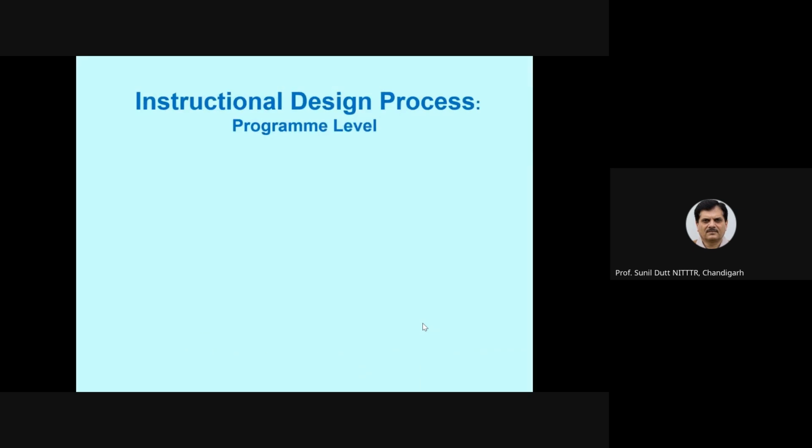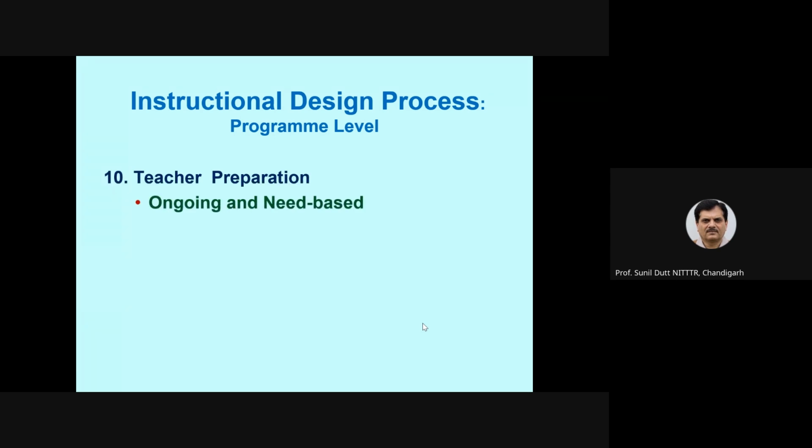Now, there are a few activities which are required at the program level again. Firstly, teacher preparation. You are introducing a new system, so teacher preparation is absolutely necessary. I think teacher training, you are attending right now a teacher training program, so it should be an ongoing activity, because there is a need for giving the teachers special training in the use of the new system.